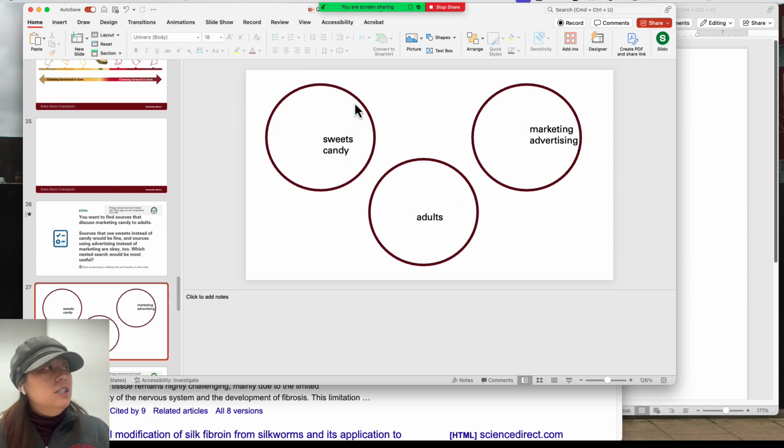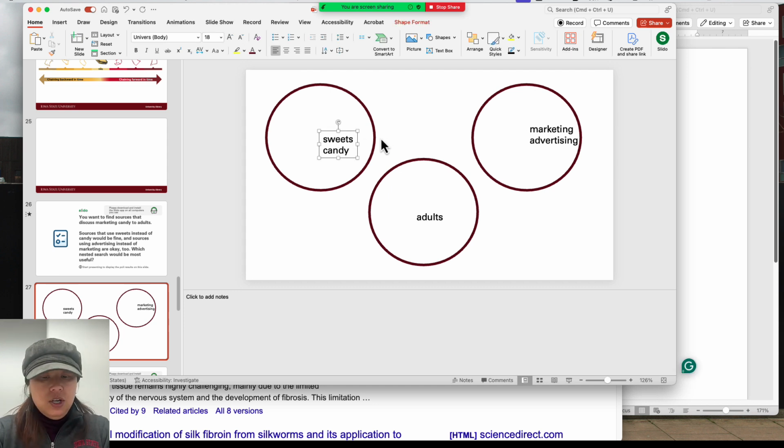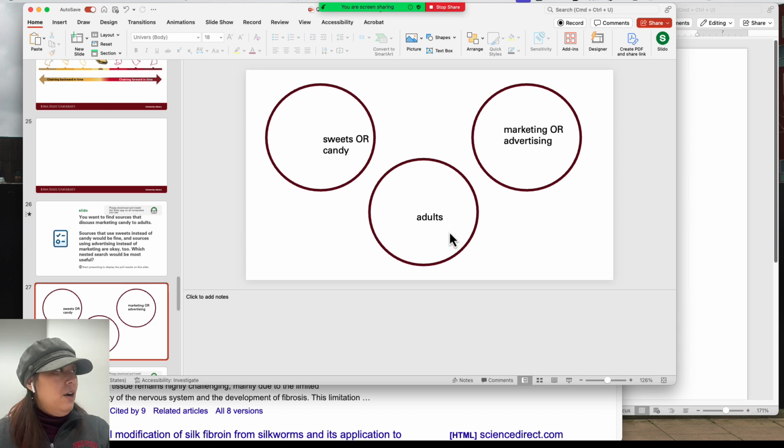Why we put them in circles, it's easy for me to remember, is because this circle represents the O in OR. Anything in there is separated by OR. So sweets OR candy, marketing OR advertising, and then adults.